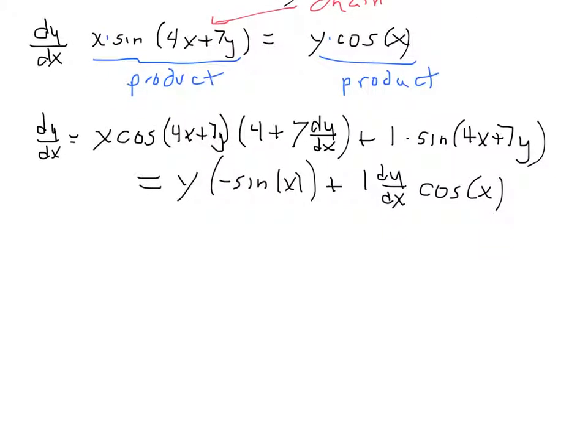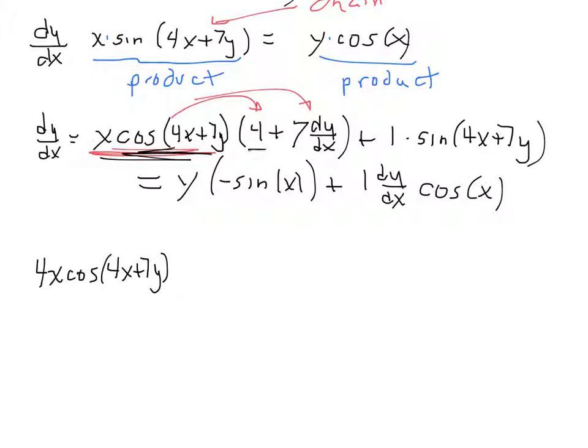Now you're pretty much home free. This is now algebra time. And you're going to see I'm going to do the same thing. This is very similar to the other one. I'm going to distribute that. So I'm not going to write the dy/dx again. I'm going to have that go away. 4x cosine of 4x plus 7y.